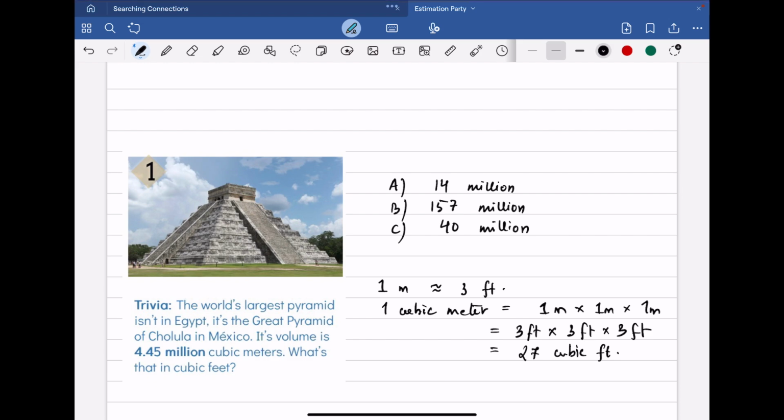So what now, going back to the question, what are we interested in? We are interested in how much 4.45 million cubic meters is in cubic feet.